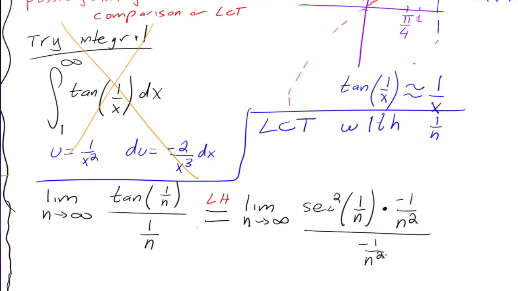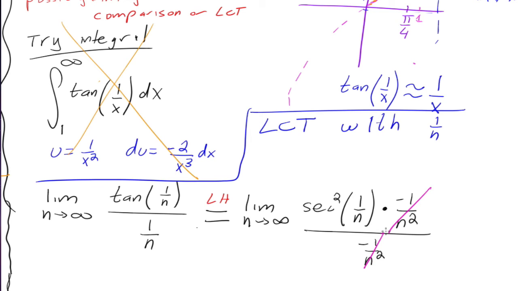Okay, so the negative 1 over n squared cancels, and then I have the limit as n goes to infinity of secant squared of 1 over n. What is that?